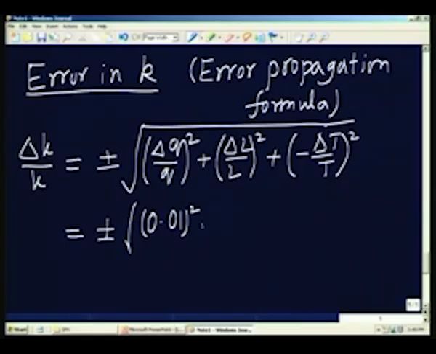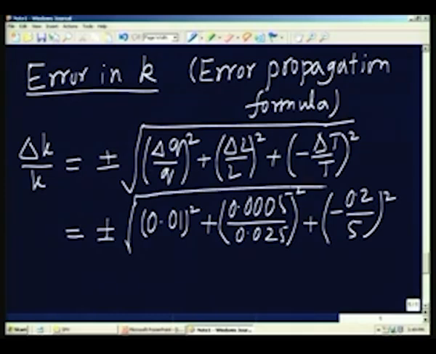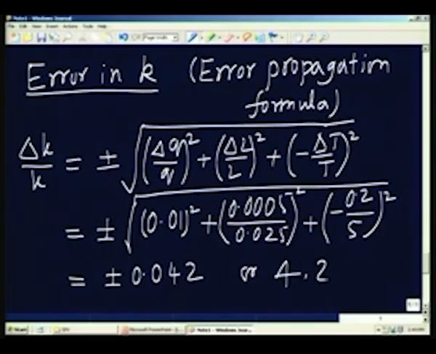Delta L by L, I can substitute the values as 0.0005 divided by 0.025, whole square, plus 0.2 divided by 5, whole square. All are ratios. So, when you do that, the entire thing comes to plus or minus 0.042. So, delta K by K equals 0.042, or some 4.2%.